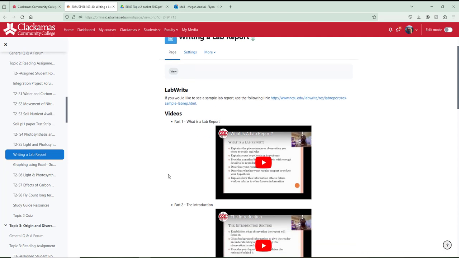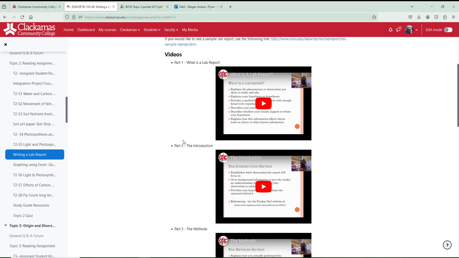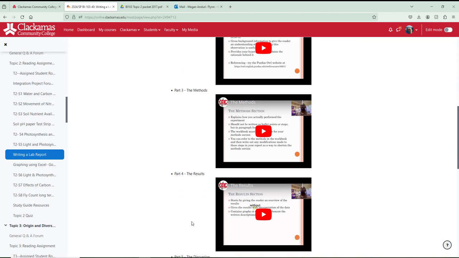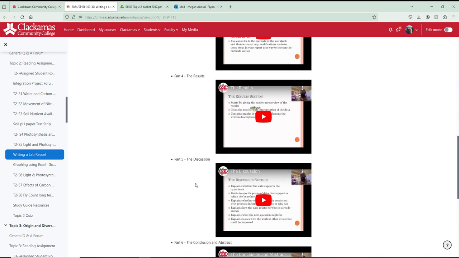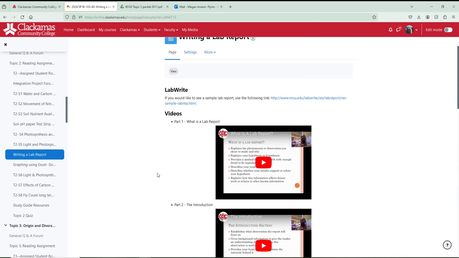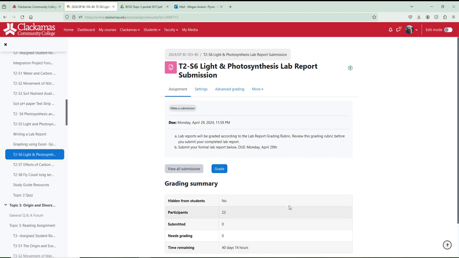He has the lab report sectioned off into different sections as well, so this is a great tool to see what exactly goes into a lab report. This video is more specific to what to include in this light and photosynthesis lab report. And then of course our submission section, where you're going to submit your final lab report. This will be due on April 29th.